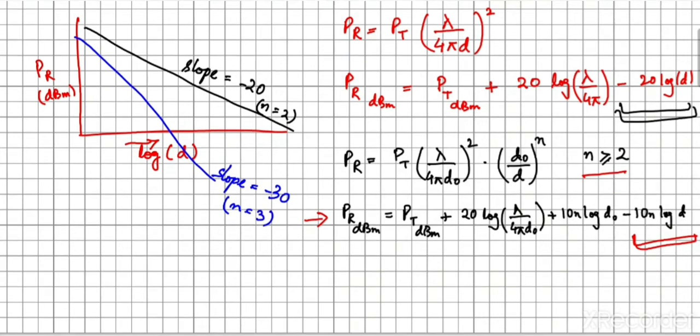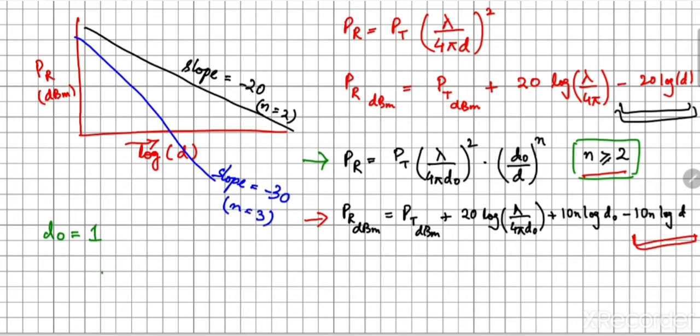Note that in some literature on these path loss models, this expression for propagation loss under non-free space environment, that is with path loss exponents greater than 2, is often written in a more simplified manner with the assumption that d naught is equal to 1.